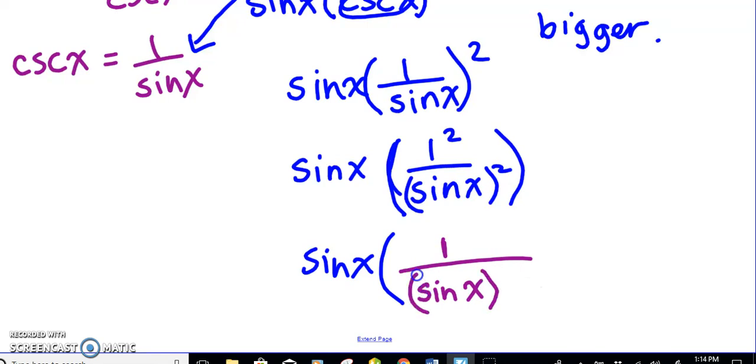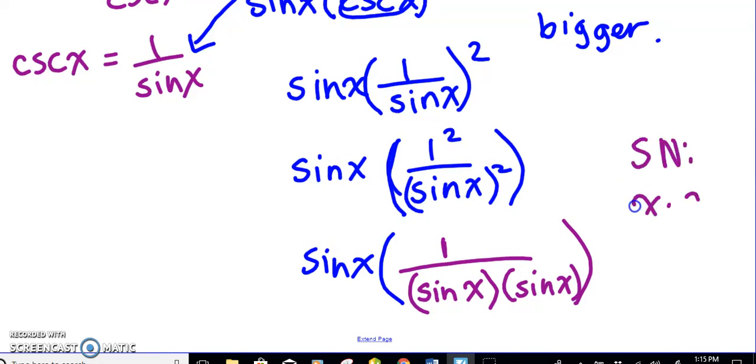And as a side note, x times x equals x squared, so sine x times sine x equals sine squared x, which means you have 2 sines.